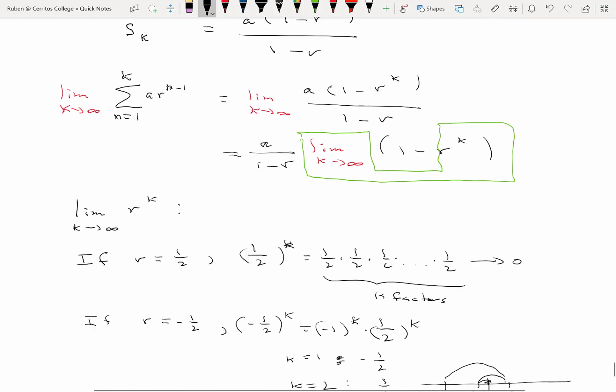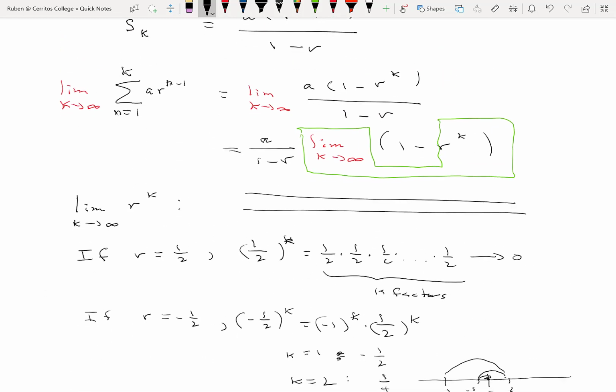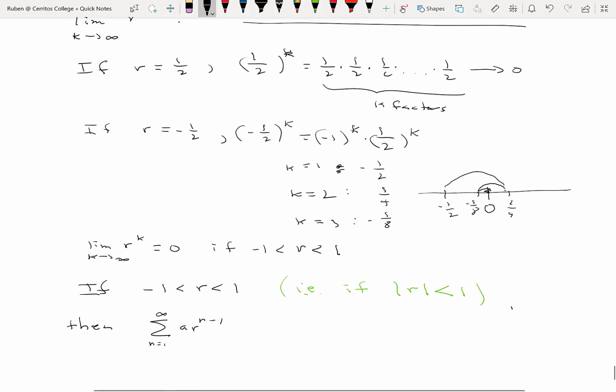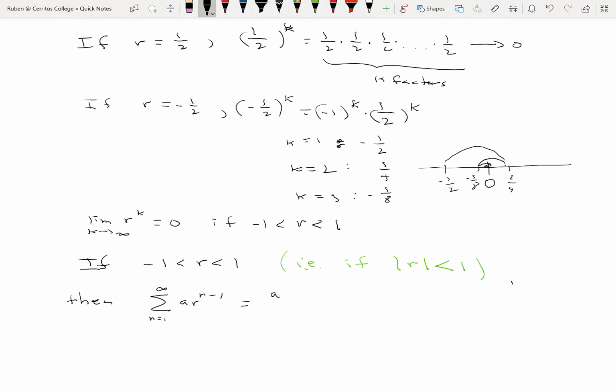Remember, the right-hand side is a over 1 minus r times the limit as k goes to infinity of 1 minus r to the k, but r to the k approaches 0 if r is between -1 and 1. So the series converges to a over 1 minus r.